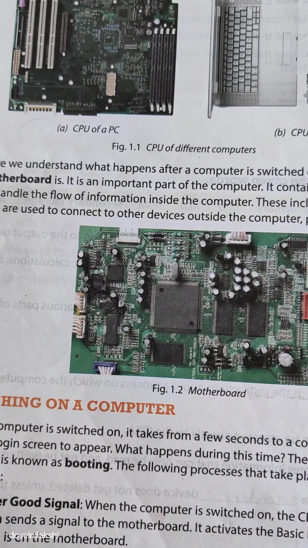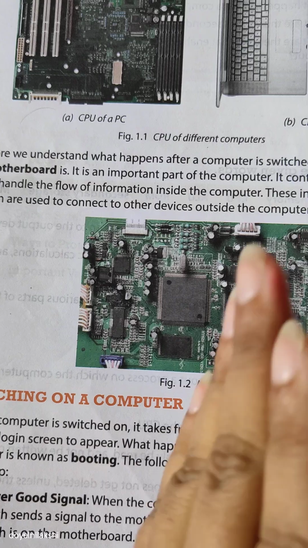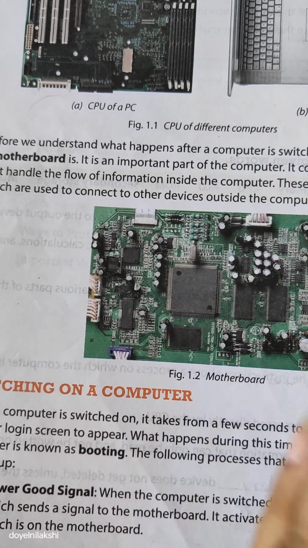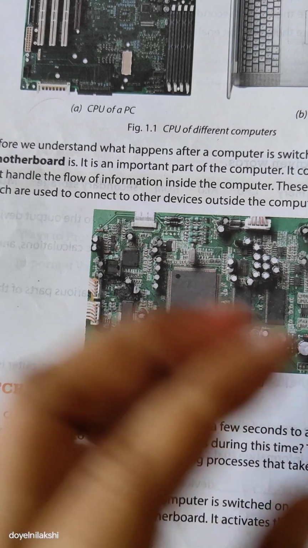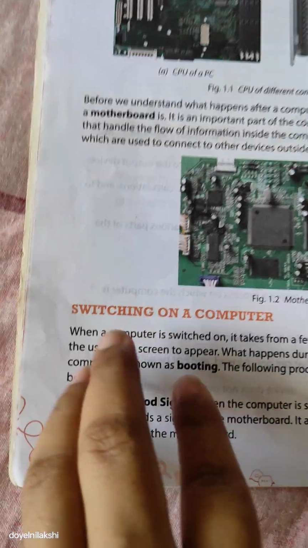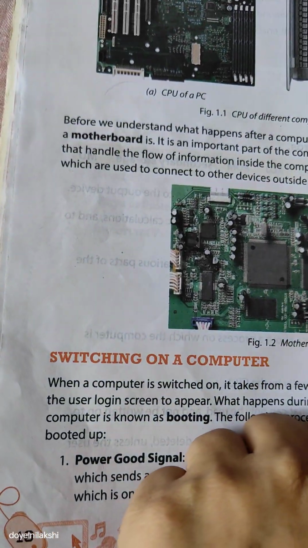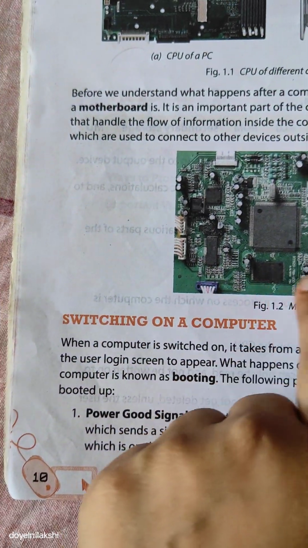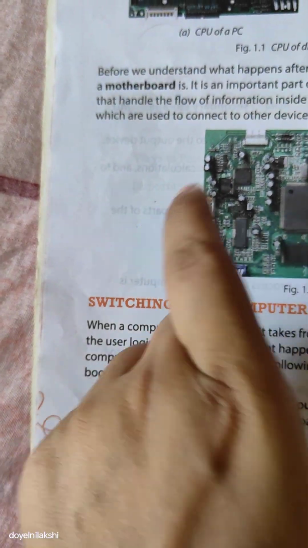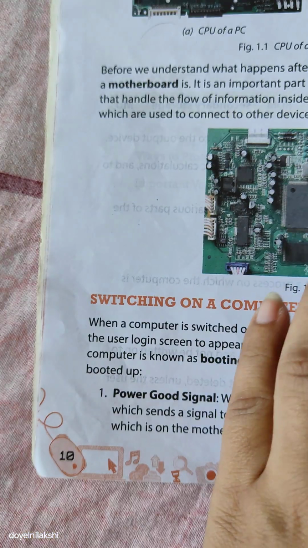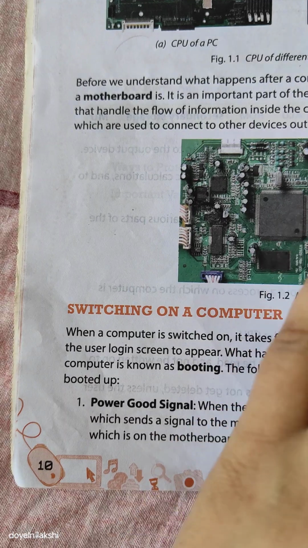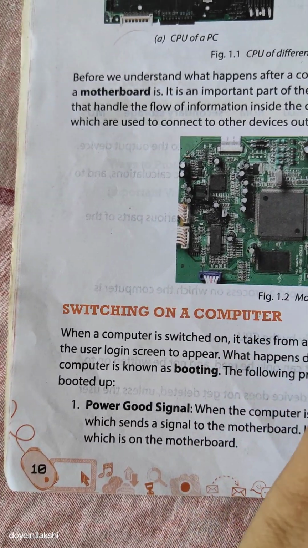Flow means the going of information, the transporting of information, you can say. This is the motherboard and it controls the flow of information, means from one system to another system, one device to another device, or one part to another part. It transfers the information.